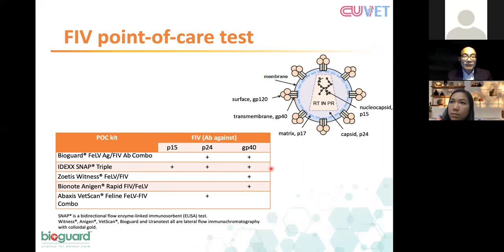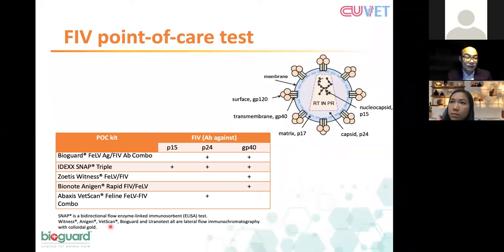For the IDEXX SNAP test, they want to have the highest sensitivity possible, so they detect antibody against 3 proteins: the p15 nucleocapsid, the p24 capsid protein, and also the transmembrane gp40. For other brands such as Zoetis Witness and Bionote Anigen, they aim to detect only antibody against the transmembrane gp40 protein.